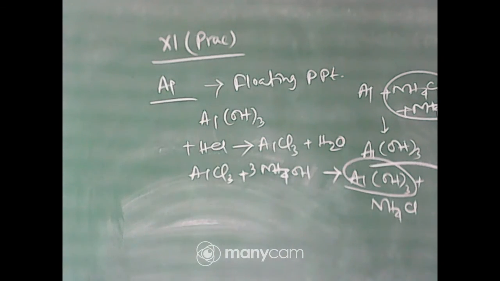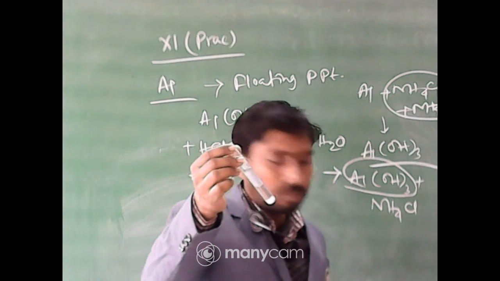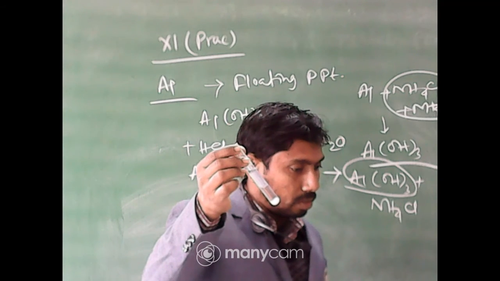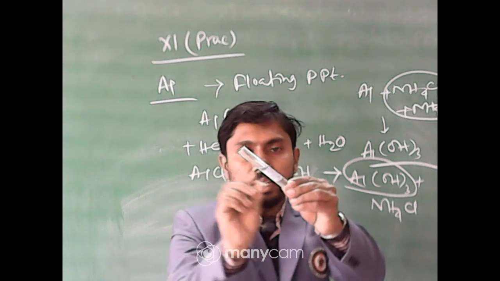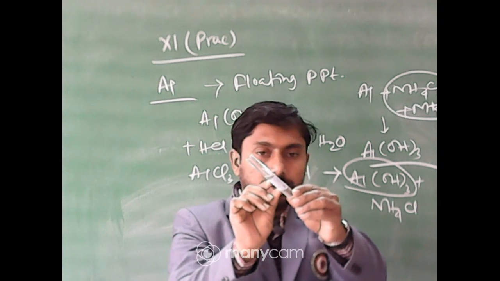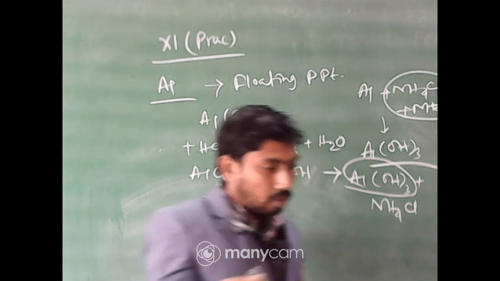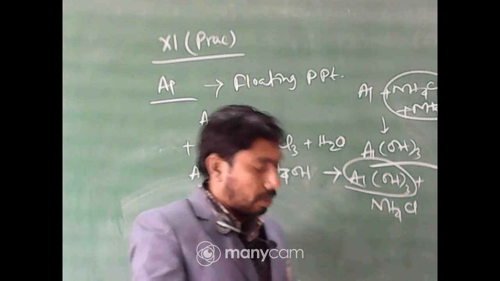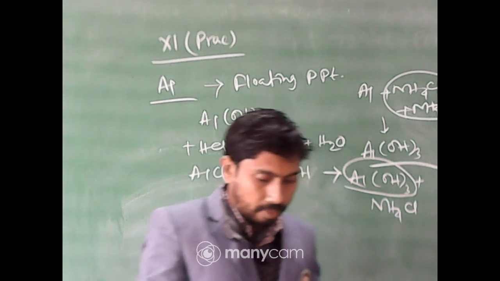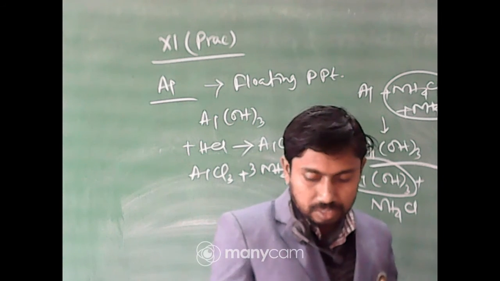It is aluminium hydroxide. Can you see the floating PPT? It is also clear from here, just a floating PPT in that area. Can you see this? Very well. So, this is the test for aluminium. This is called the floating PPT test.